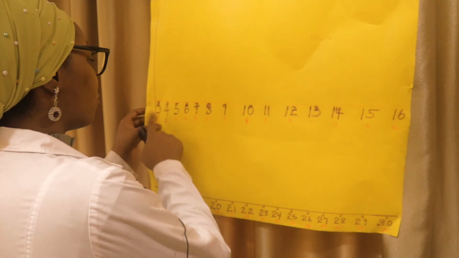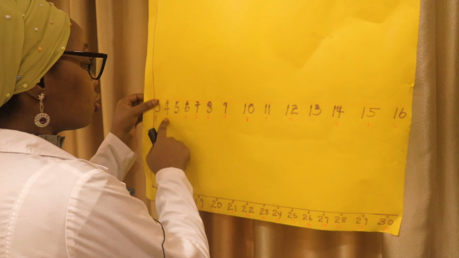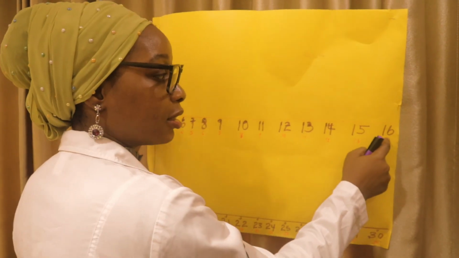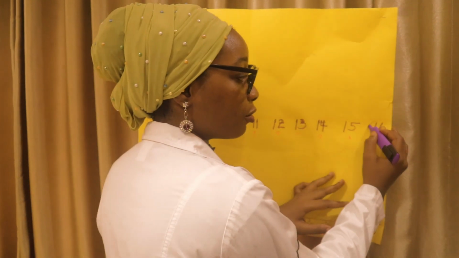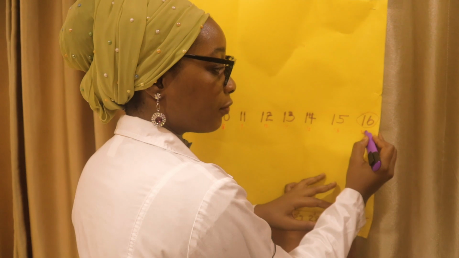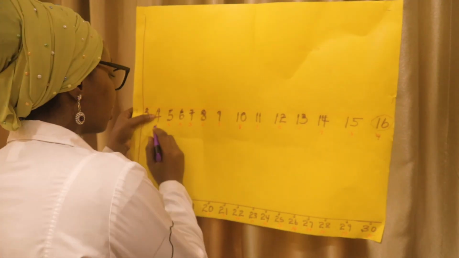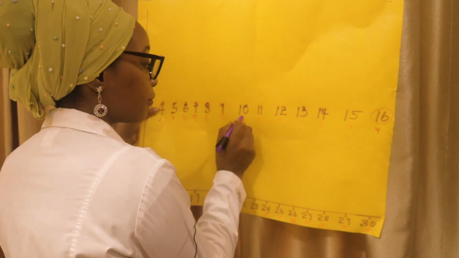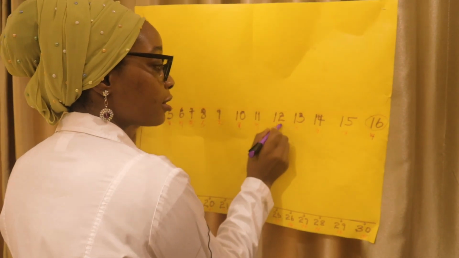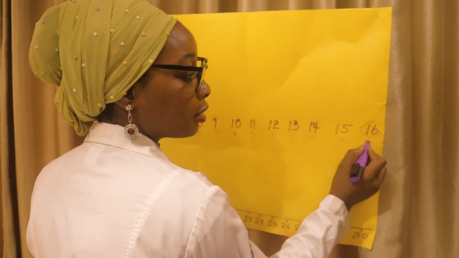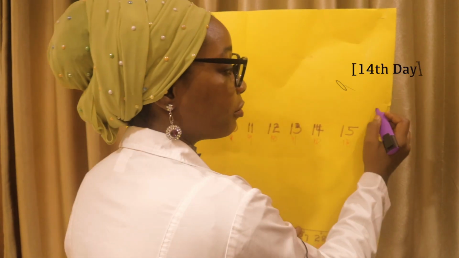So day 1, 2, 3, 4, 5, 6, 7, 8, 9, 10, 11, 12, 13, 14. On the 16th is your ovulation day, which is the 14th day. This is your ovulation day.